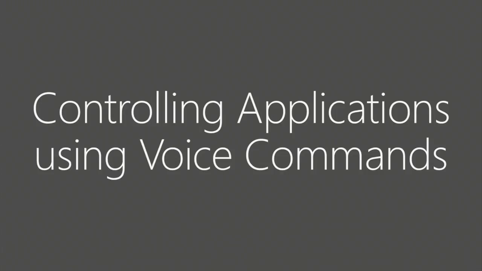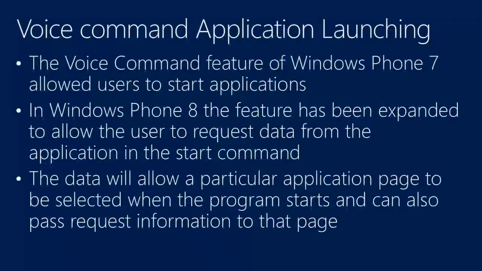So let's move on to the other side of the coin and look at what we can use to start our programs running using voice. The simplest way to do this is we can basically get users to launch our apps just by asking for them. So the users can run your program just by giving the name. Windows 7 did that. In Windows Phone 8, we've actually expanded that quite a lot.